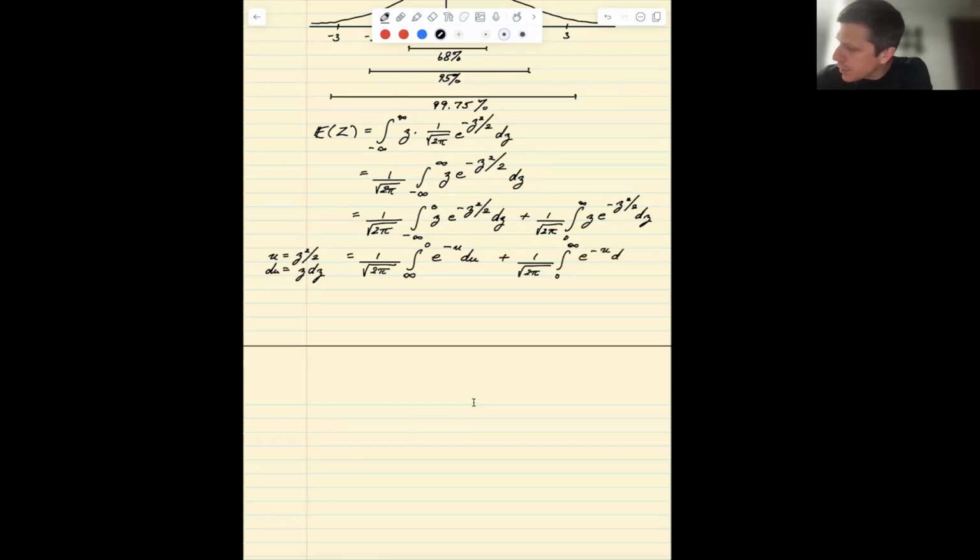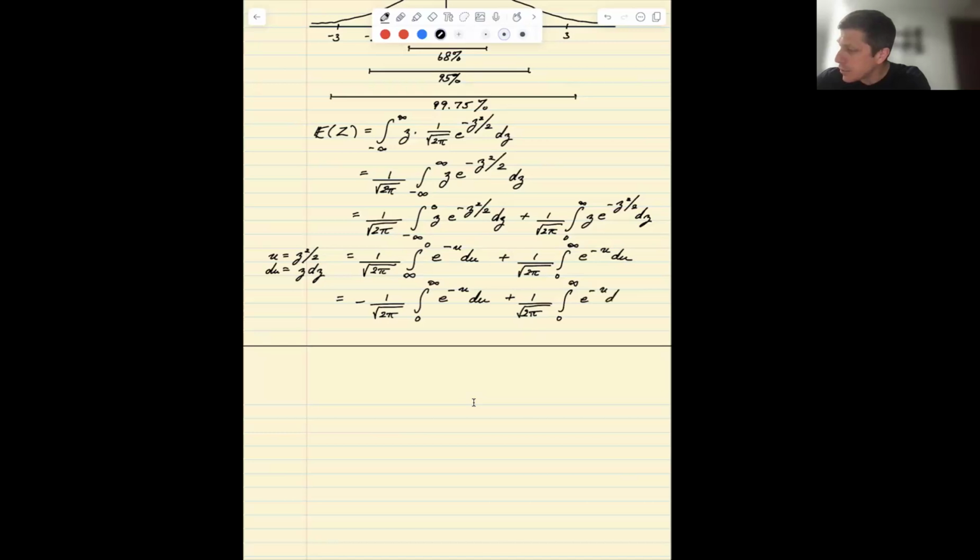Obviously those are the same integral, but with the reversed limits of integration. So that equates to minus 1 over square root of 2 pi, integral 0 to infinity, e to the minus u du, plus 1 over the square root of 2 pi, integral 0 to infinity, e to the minus u du.